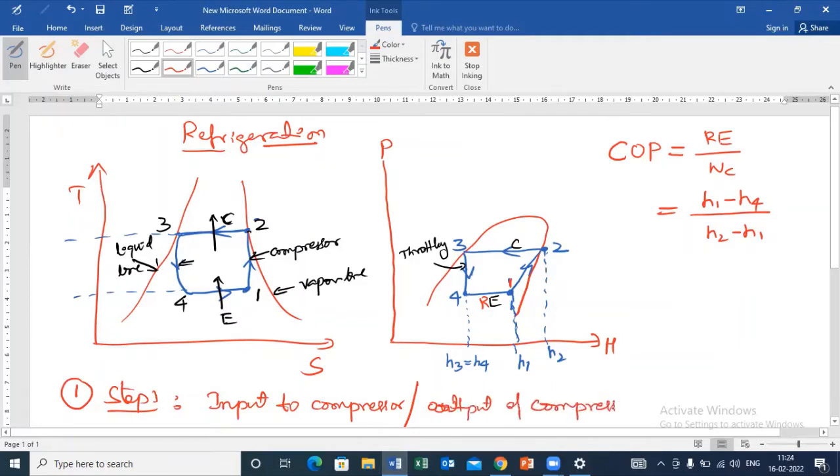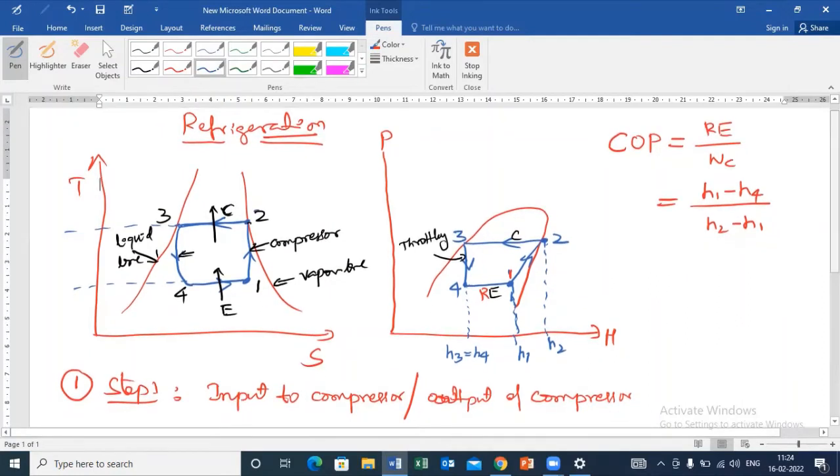This is the first point you need to remember to solve any numericals on refrigeration. In today's lecture, I have taken input to the compressor in wet condition, and output of the compressor is dry.